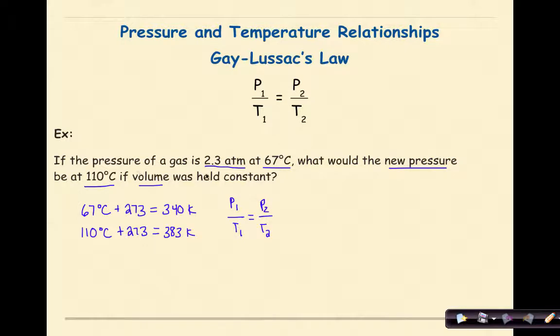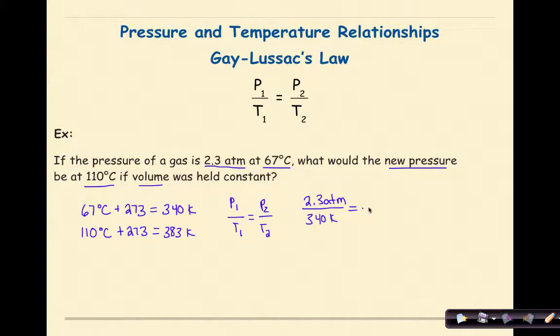If a pressure of a gas is 2.3 atmospheres, that's my P1. 2.3 atmospheres. At 67 degrees Celsius, we now know that is going to be represented by 340 Kelvin. What would the new pressure be at 110 degrees Celsius?